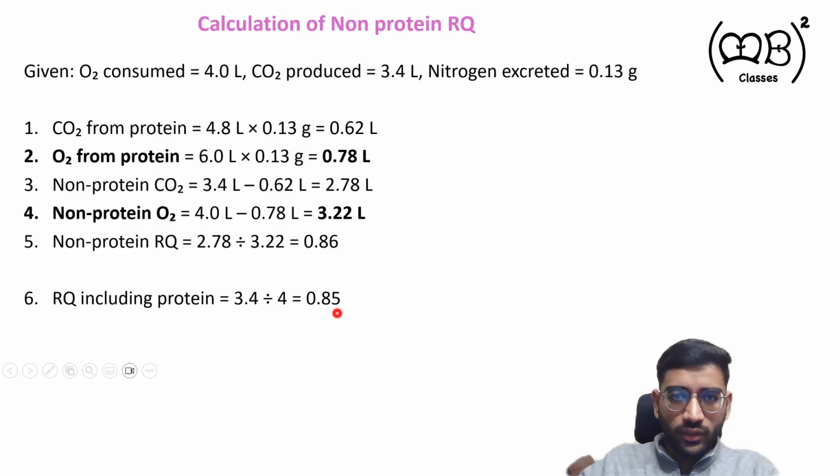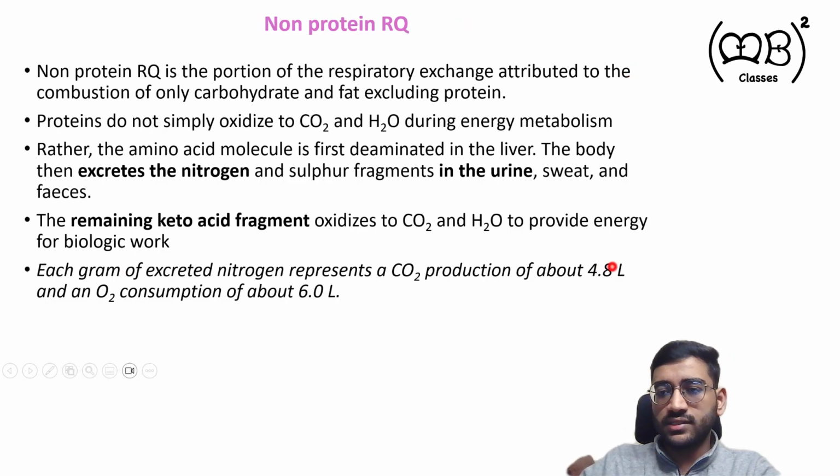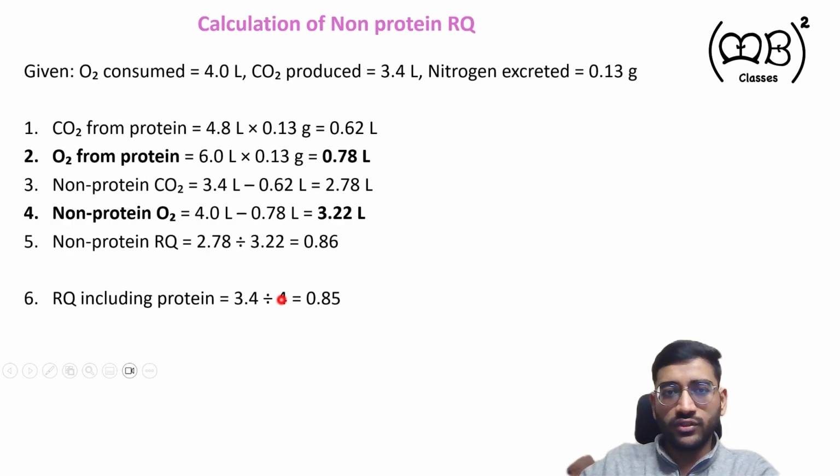But if I don't want to include protein, because it is a separate metabolism and I want to be more accurate, I would consider nitrogen excreted as 0.13 gram. By using this equation, that each gram of excreted nitrogen produces 4.8 liter CO2 and consumes 6 liters of oxygen, I can get how much carbon dioxide and oxygen is produced or consumed from the protein part, which is 0.62 and 0.78, a very small contribution out of the total 4 and 3.4 liters.